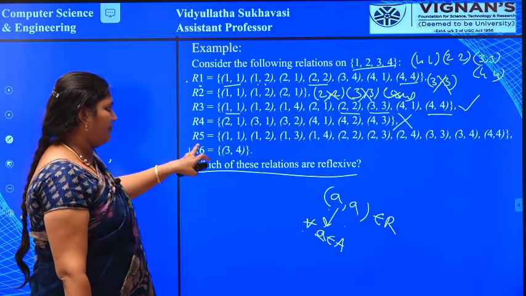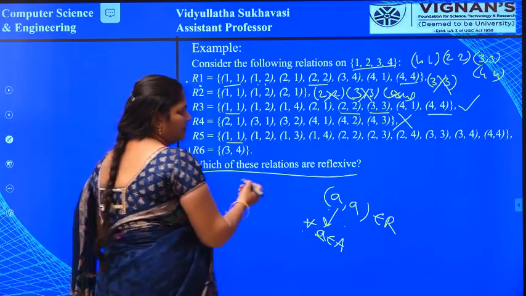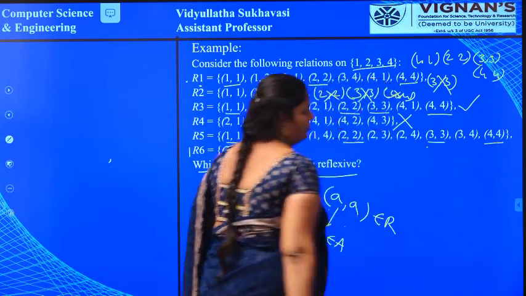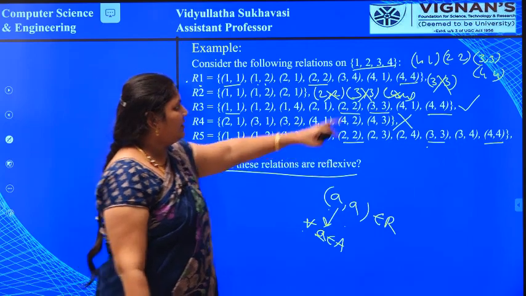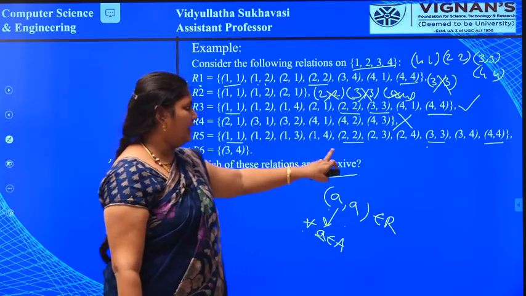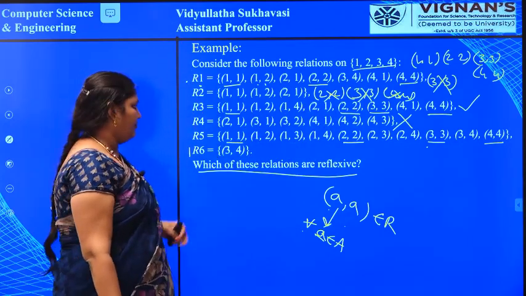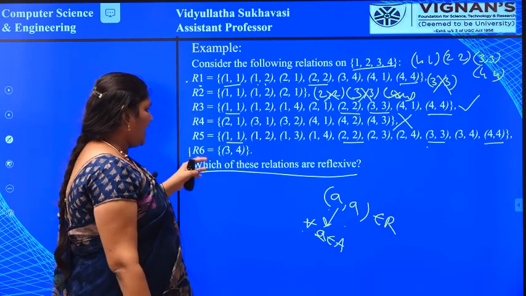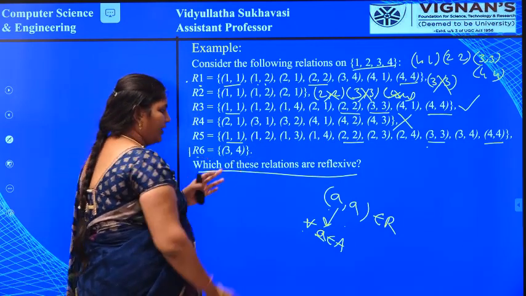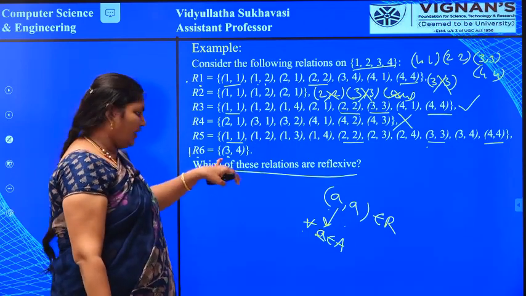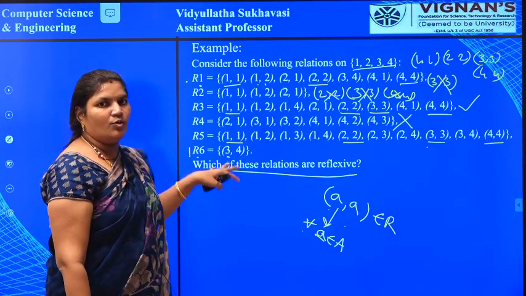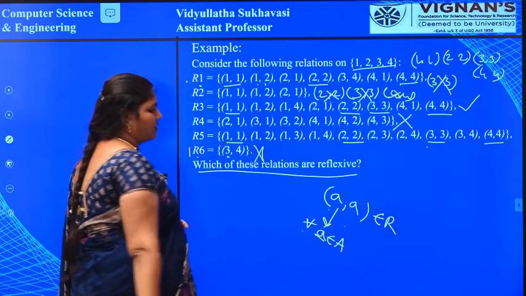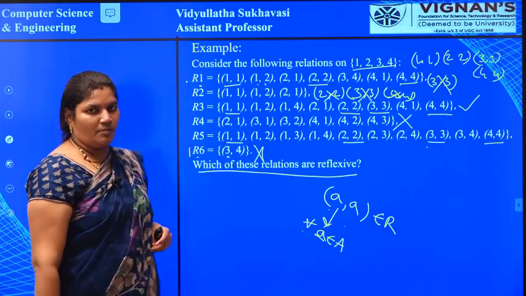Now check R5. 1 comma 1 is there, 2 comma 2, 3 comma 3, 4 comma 4. So all 4 elements which are in the set are available in the relation R5. So this is satisfying the reflexive property. Next, R6. Here 3 comma 4 is there, but no reflexive pair is there. So R6 is also not satisfying the reflexive property.